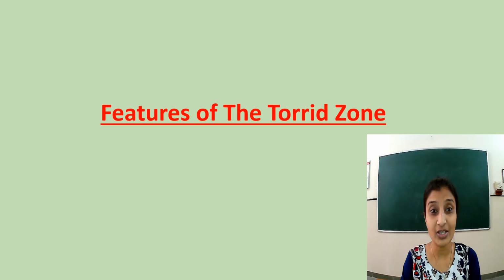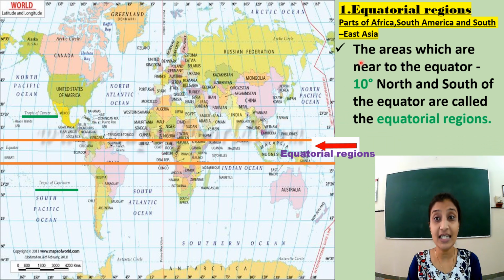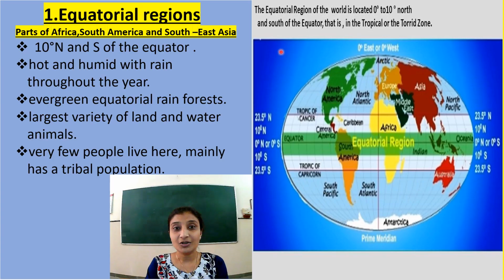Today we are going to study the features of the torrid zone. The first region is the equatorial region. Look here, children. This is the equatorial region. It covers South Africa, South America and Southeast Asia.